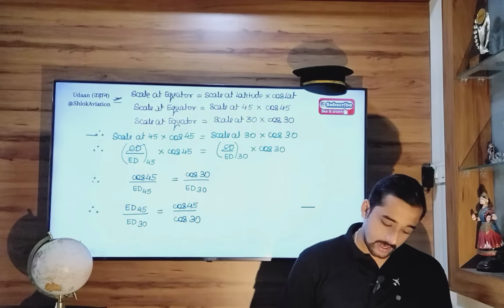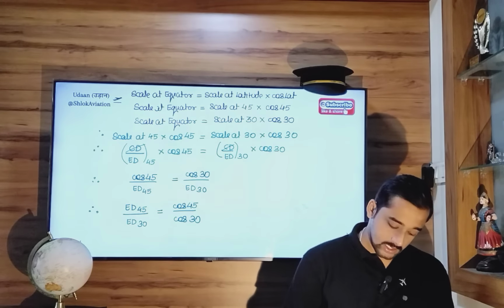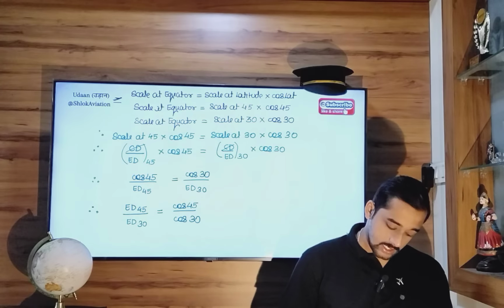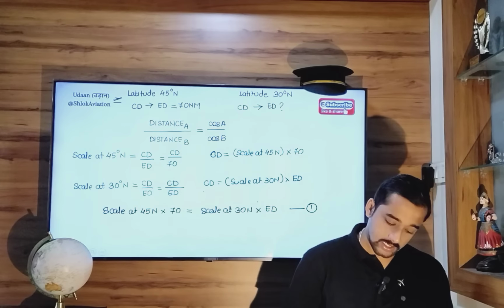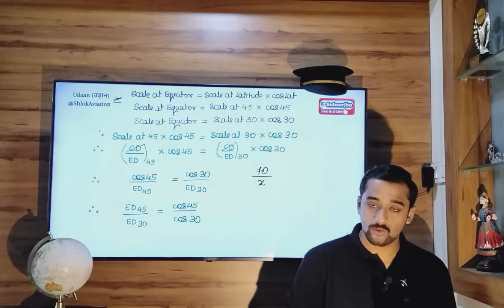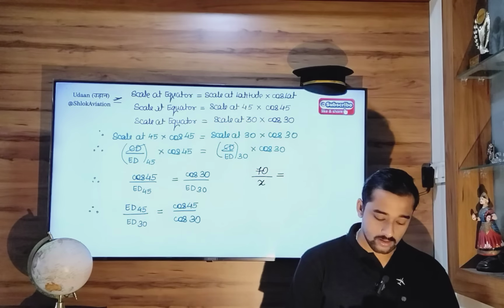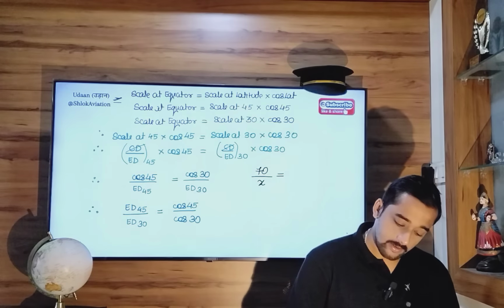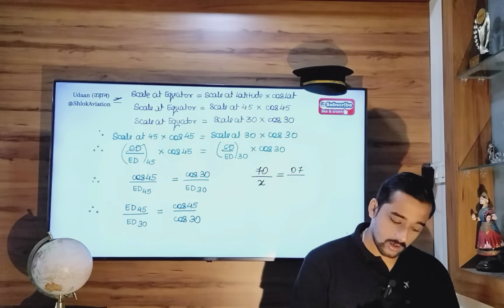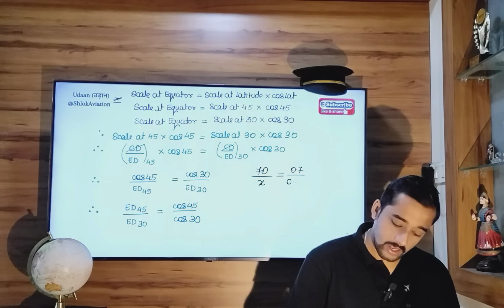Now substitute the values. Earth distance at 45 is 70 nautical miles. 70 divided by x, that is what we have to find out, equals cos 45, which is 0.7, over cos 30, which is 0.9.